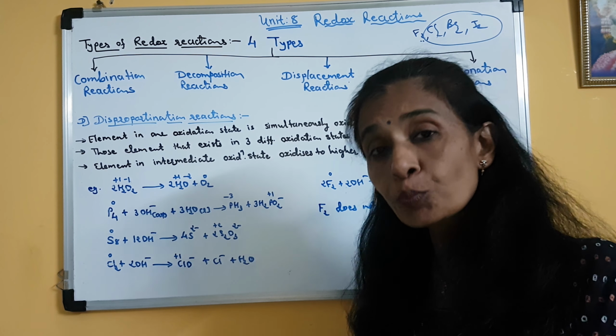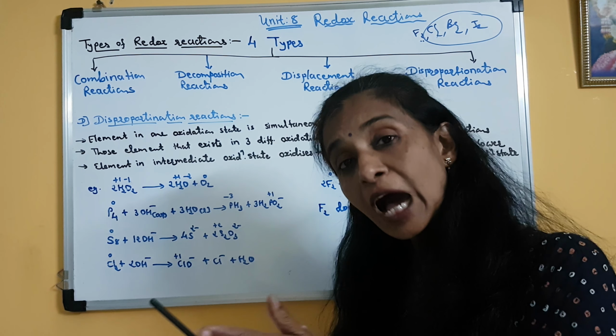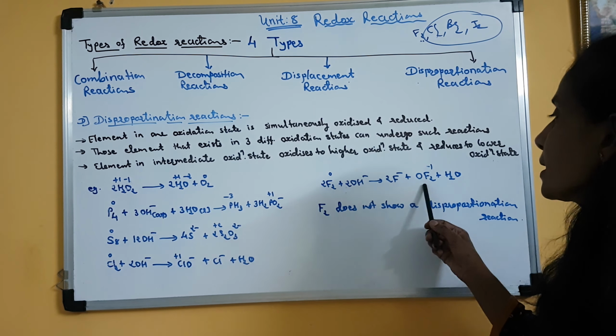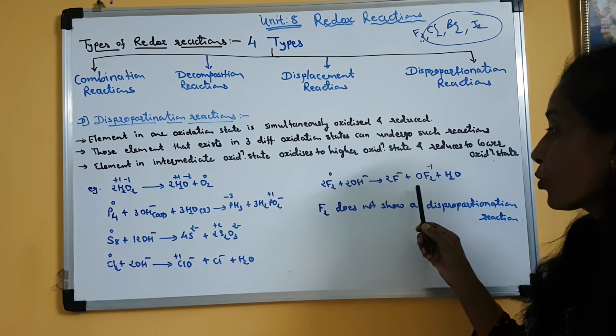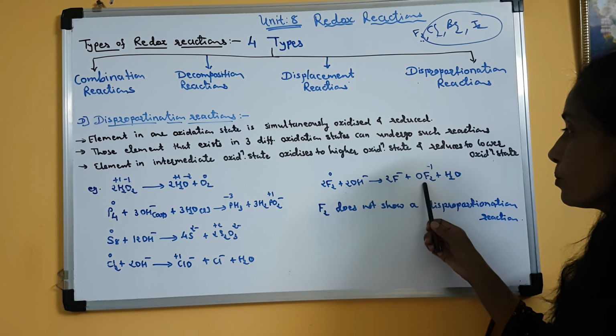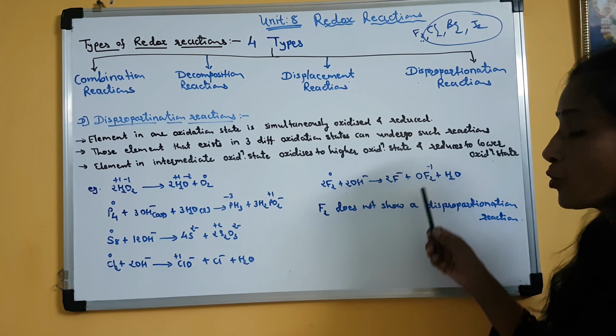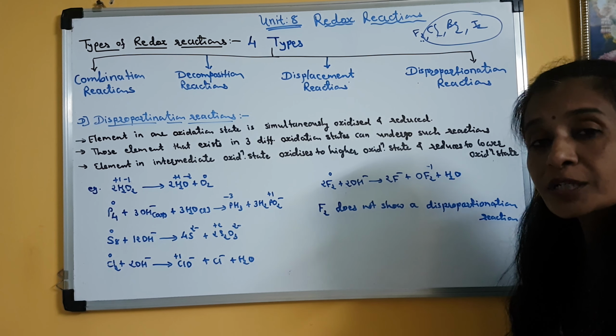Clear? In superoxides like KO2, oxygen is in -1/2 oxidation state, and in oxyfluorides, oxygen is in a positive oxidation state. So in this compound, oxygen is +2. Clear? Because fluorine can never be positive.